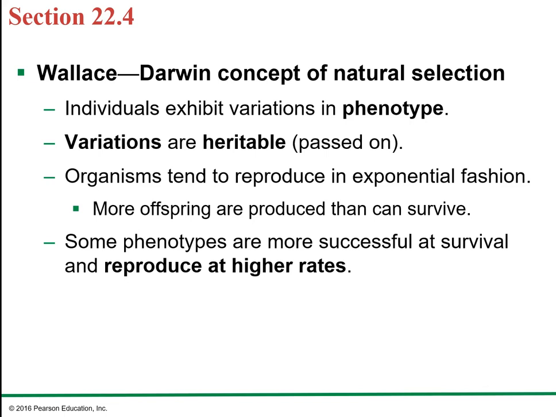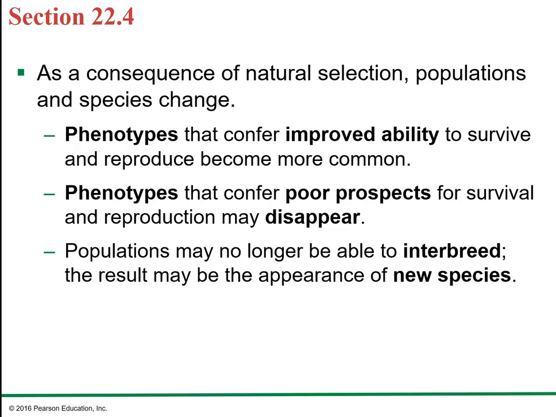Some phenotypes will be more successful at survival, and they will therefore reproduce at higher rates. And remember, we're mentioning phenotypes here because we're talking about Darwin and Wallace, and they didn't know anything about genotype. They just knew about what they observed in those different phenotypes. The bottom line is phenotypes that have an advantage will reproduce at higher rates.